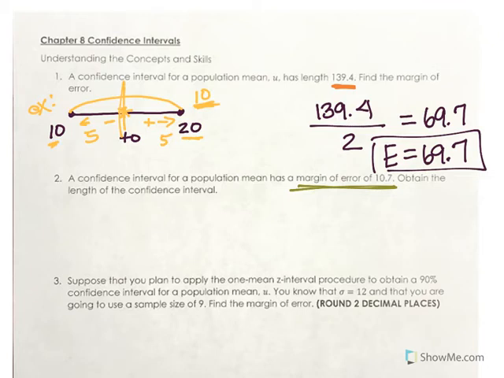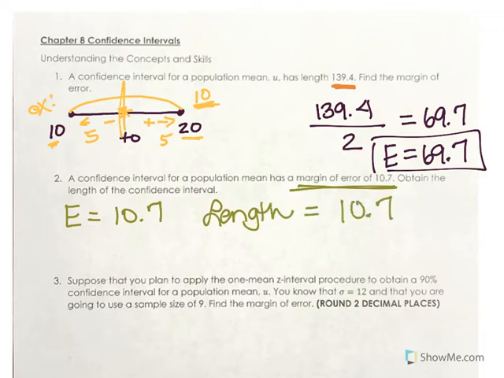So if I know that my error is 10.7, then that means that you add 10.7 to the right side and you subtract 10.7 to the left side. So if I want to know the whole length of my interval, I would simply add 10.7 twice, or multiply it times 2. That would give us a length of 21.4.